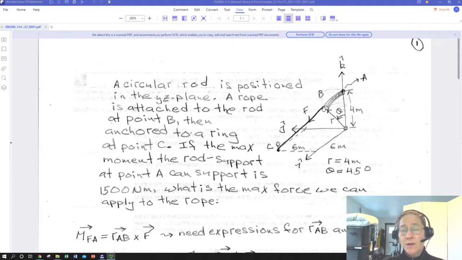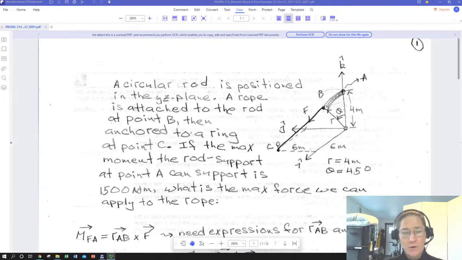Somebody put the rope onto the rod at point B, the rope is attached to point C, and someone's yanking on the rope. We're establishing tension in the rope. So we've got a force that is in the line of action of the physical orientation of the rope, and someone wants to know: I'm increasing the tension on that rope, what force or tension is the max that I can apply before I exceed this 1,500 Newton meters?